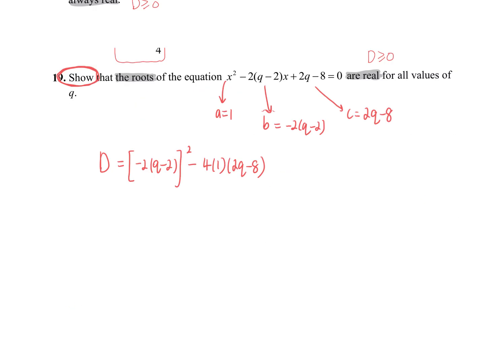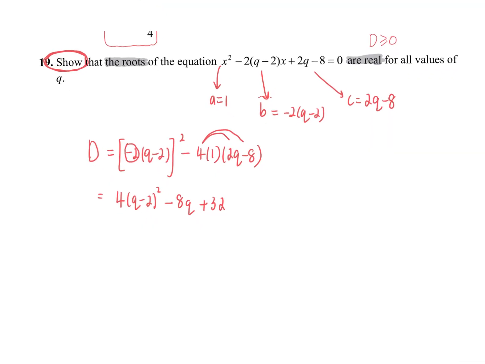Okay, so if you square the b, everything in the bracket should square. So negative 2, when you square it, becomes 4. Okay, and then this one, I leave you to expand in the next step. This is a negative 8q. This is a positive 32. Okay, when you expand, be extra cautious. Make sure you don't make mistakes.